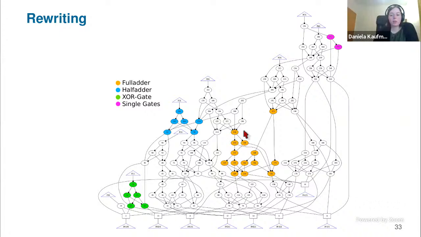Only the sum output bit and the carry output bit of the full adder are used in other structures, but the internal ones are really only used in this full adder. That's why we want to eliminate them first before we do the specification reduction, because this helps us reduce not only the number of reduction steps of the specification, but we also get a simpler representation of the Gröbner basis.